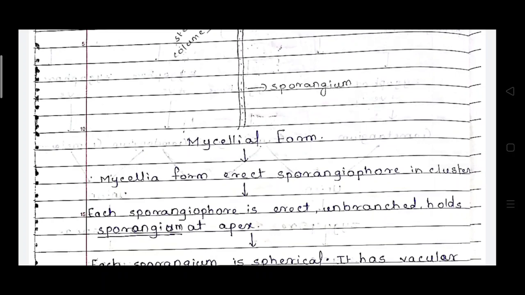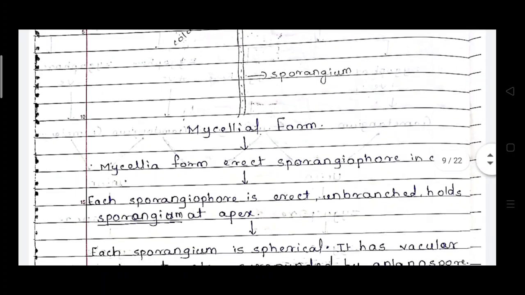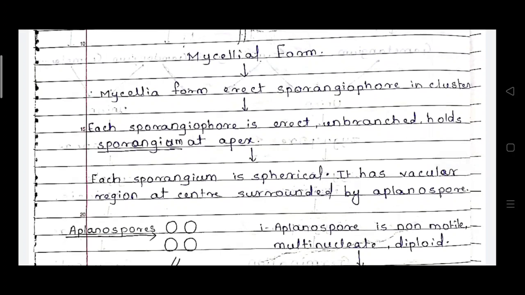Each sporangiophore is erect, unbranched, and holds a sporangium at the apex. Each sporangium is spherical. It has a vacuolar region at the center surrounded by the aplanospores.